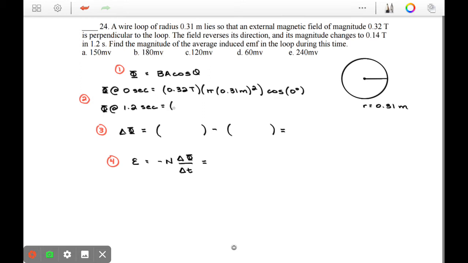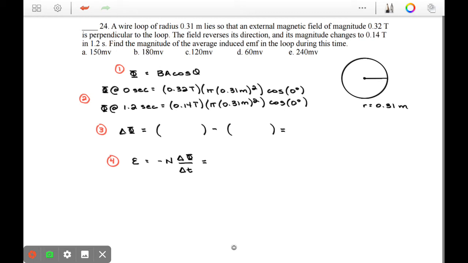So this is equal to, the magnetic field is 0.14 T times, once again, pi times 0.31 meters squared, and once again times cosine of 0 degrees.